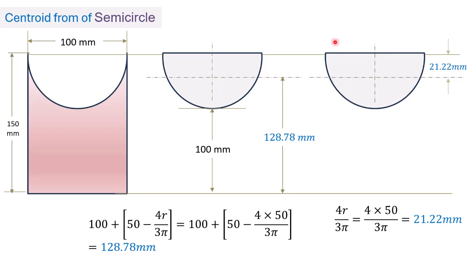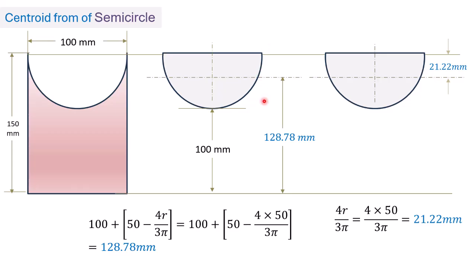We know that the centroid of a semicircle is located at a distance of 4r by 3π from the diameter towards the curved surface. Since the centroid of the semicircle lies below the diameter, in this case, we use directly the standard centroid formula and we get this 21.22 millimeter.